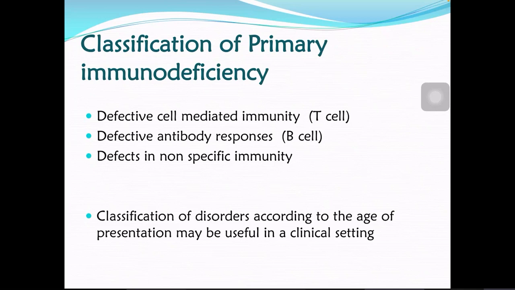There could be defective cell-mediated immunity, and that is mainly disorders related to the T cell. There could be defective antibody responses where the primary problem will be with the B cell. And then, of course, you can have defects in non-specific immunity, which involves the complement system and neutrophils and so on.